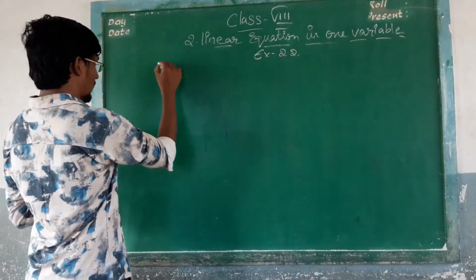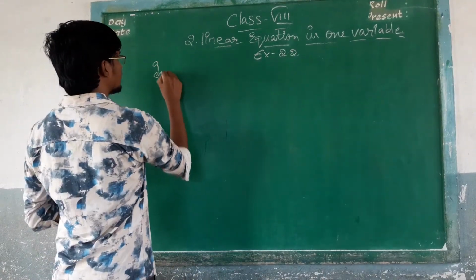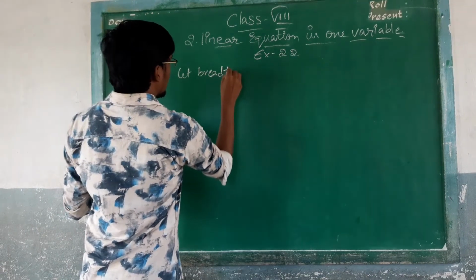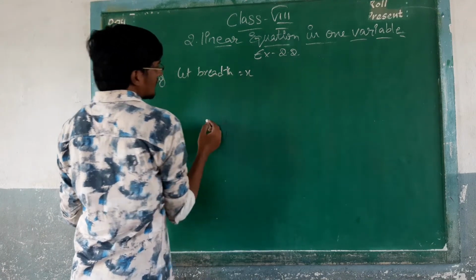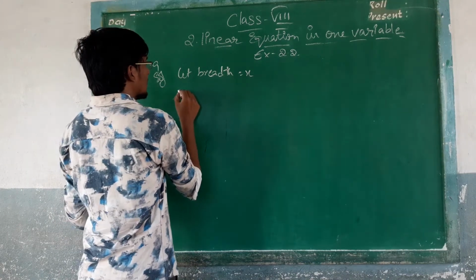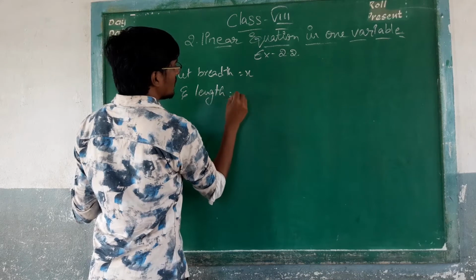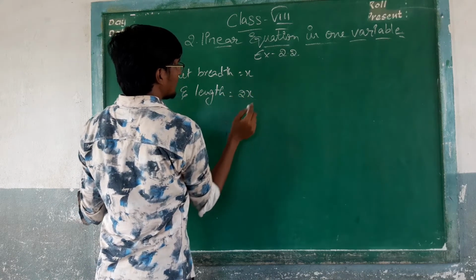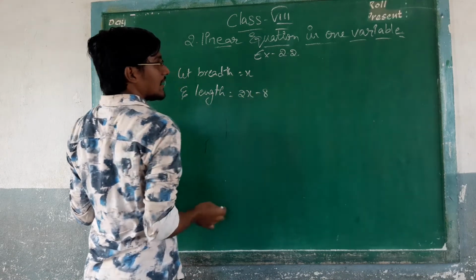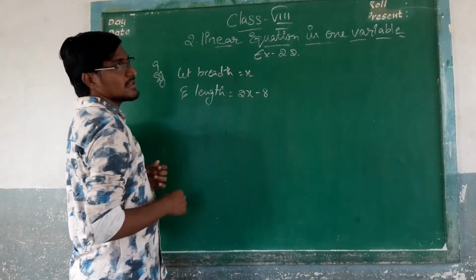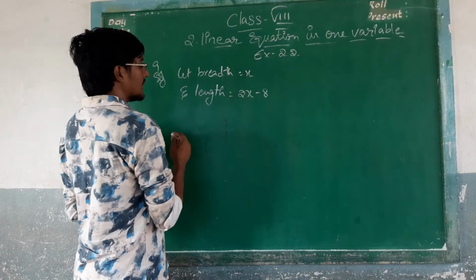So, 9th one. Breadth equals x. And length equals 8 meters less than twice its breadth, so that is 2x minus 8.